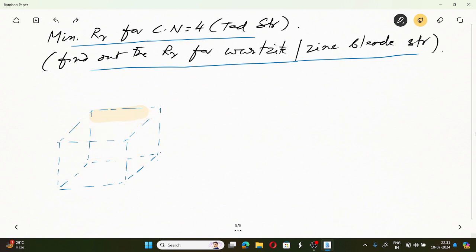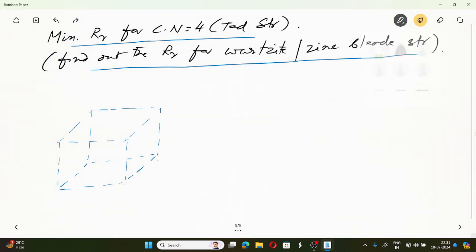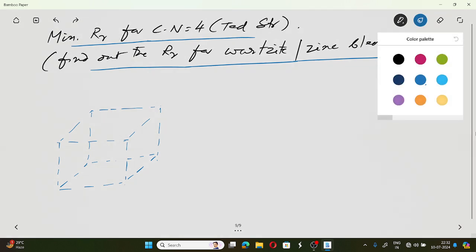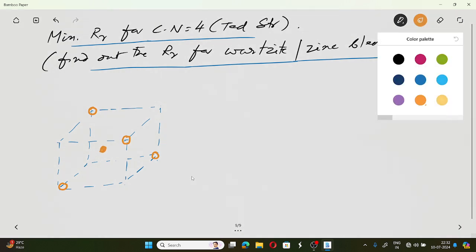Now if you consider, suppose if you want to construct a tetrahedron, these two substituents by anions, they are occupying these two opposite corners of this square face, and the other two substituents, they will occupy just diagonally opposite corners, and at the center will be the cation, that is the central ion.